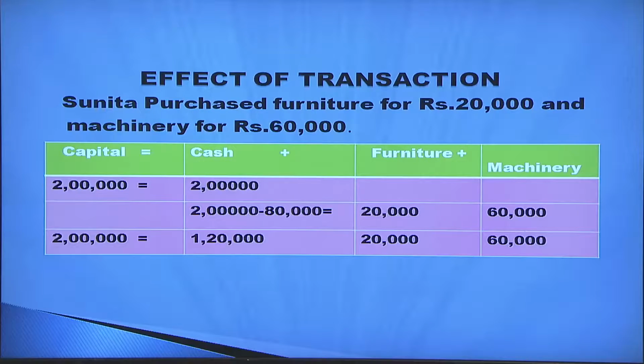So I have included 2 lakh minus 80,000. 80,000 cash is going from the business because of this transaction. So cash balance in the new equation will come to 1,20,000. And furniture is increasing to rupees 20,000 and machinery is increasing to rupees 60,000.